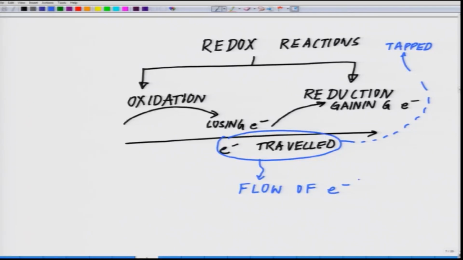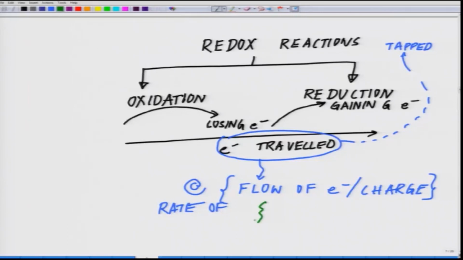If we introduce a term for the rate of flow of electron, that is your current. In other words, that is a quantity of charge flowing each second through a circuit.